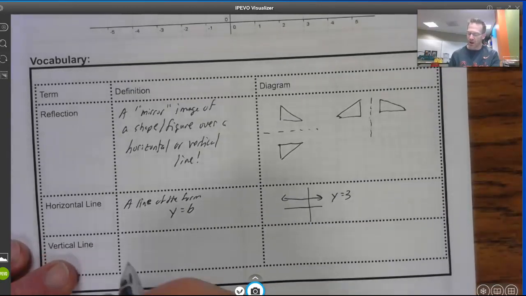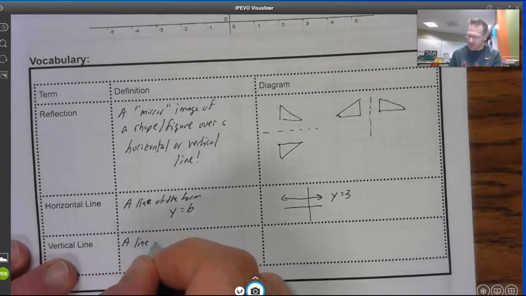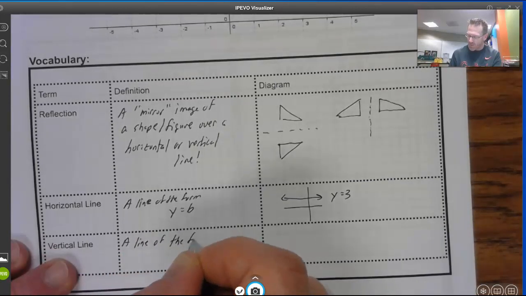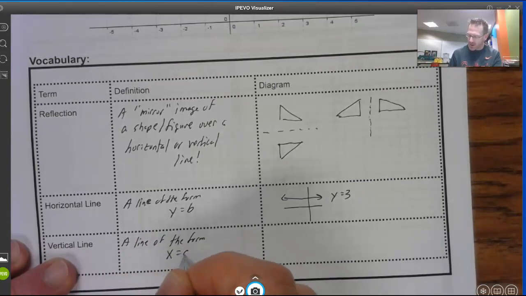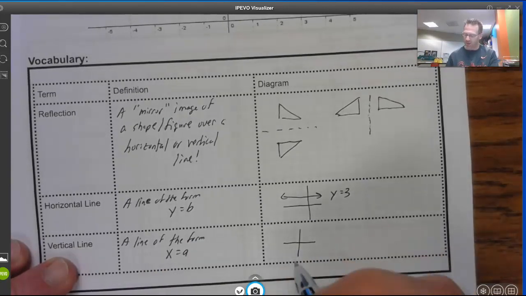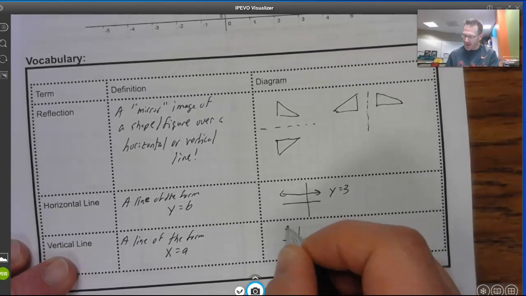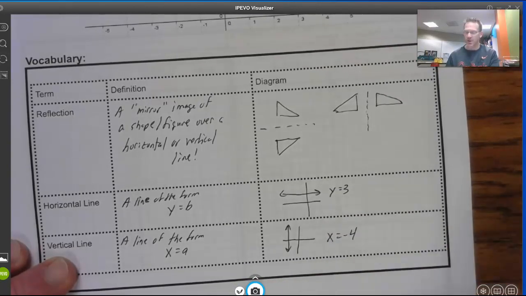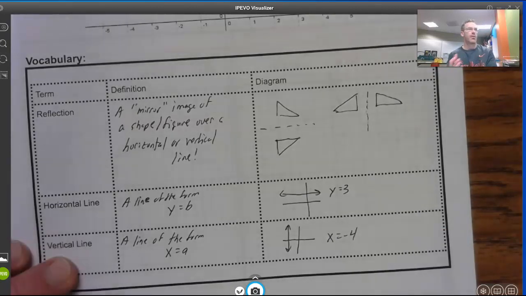While a vertical line is a line of the form x equals a. Once again, in our coordinate plane, maybe I have a line like that, maybe x equals -4, something like that. That's all we're going to do: reflect over horizontal or vertical lines.